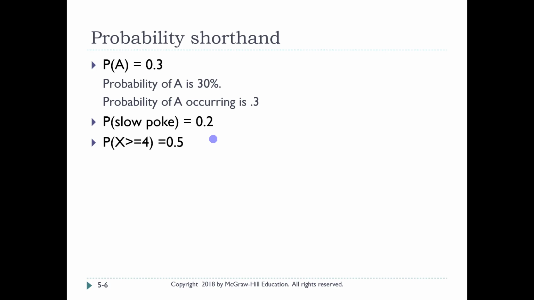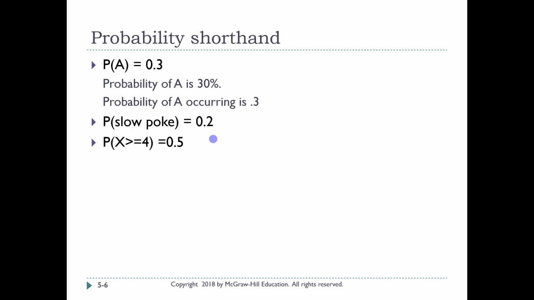And that's that flipping between percentages and the decimal. A is just general, but we might say, referring back to the first slide, the probability of Slowpoke winning the Kentucky Derby is 20%.